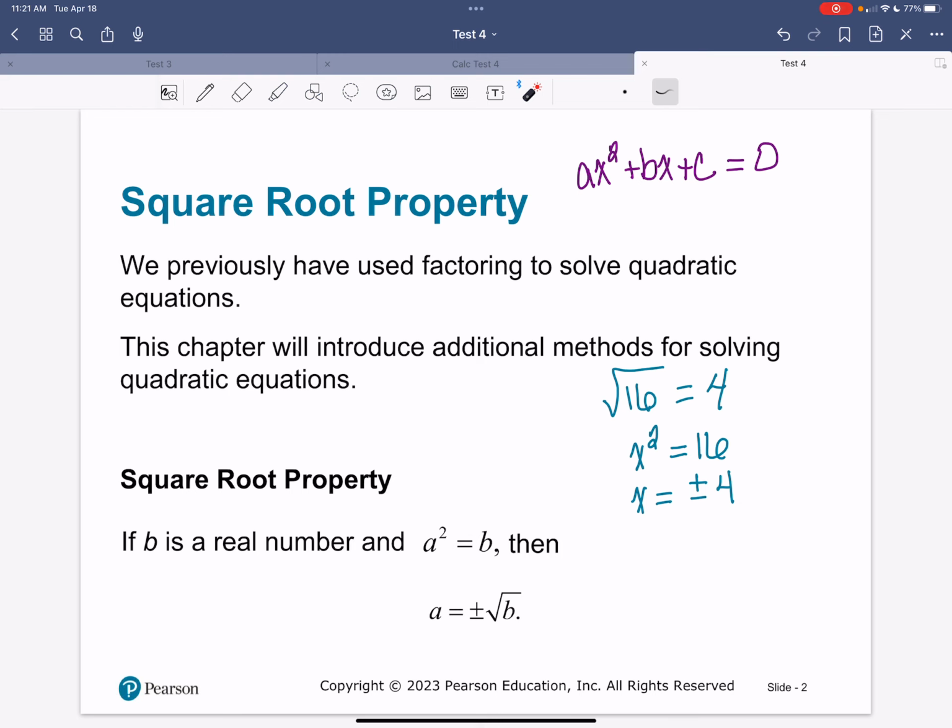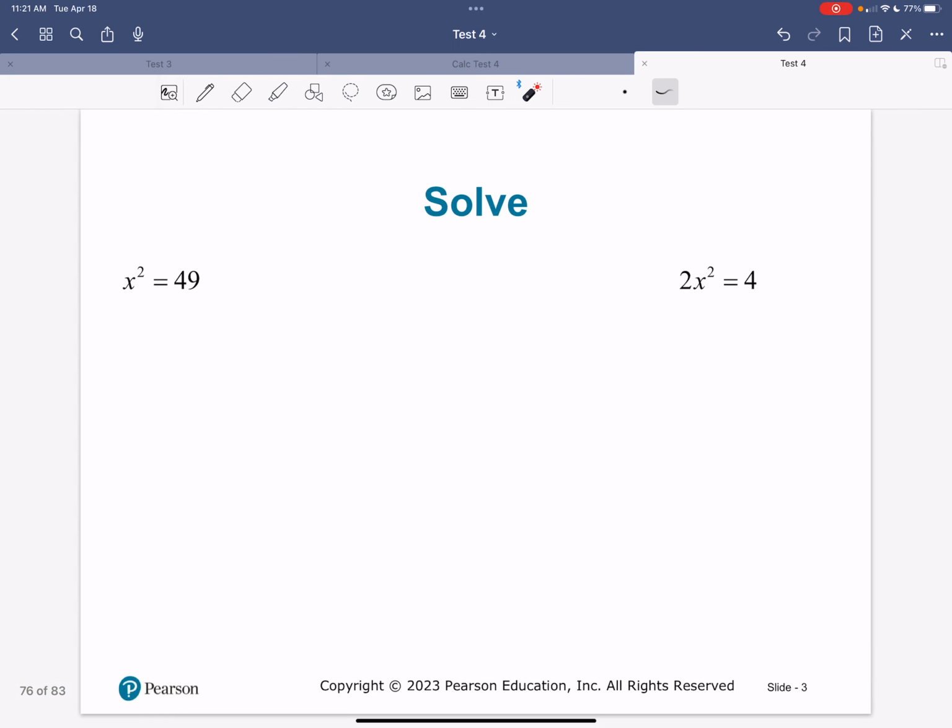So let's do some of these. First one is x squared equals 49. So if x squared equals 49, then x is going to equal the positive and the negative value of the square root of 49. What is the square root of 49? 7.